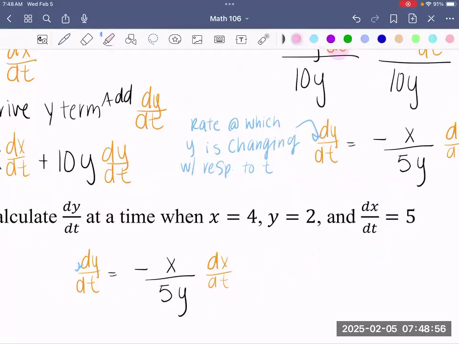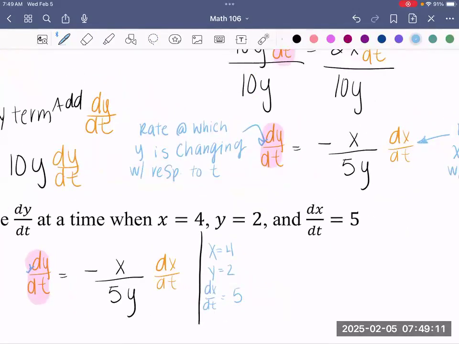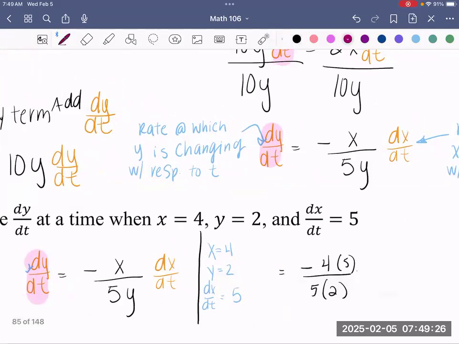So if we are trying to find dy/dt, but we know that x is equal to 4, y is equal to 2, and dx/dt is equal to 5, we can go ahead and work all of those in. So we can get negative 4 over 5 times 2 times 5. And if you want, you can multiply your 5 up here because it was up in your numerator. But notice that you have 5 up top and on the bottom. And when we simplify, we should just get a negative 2.